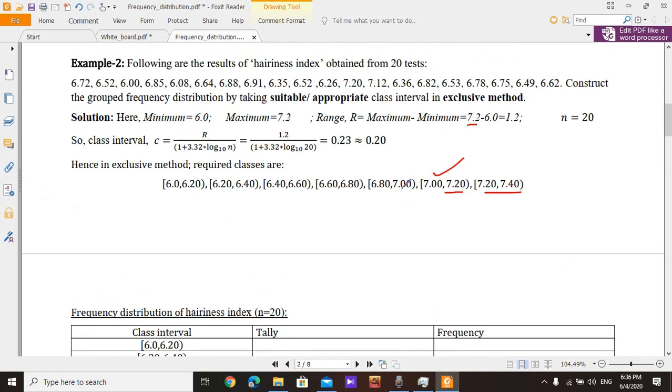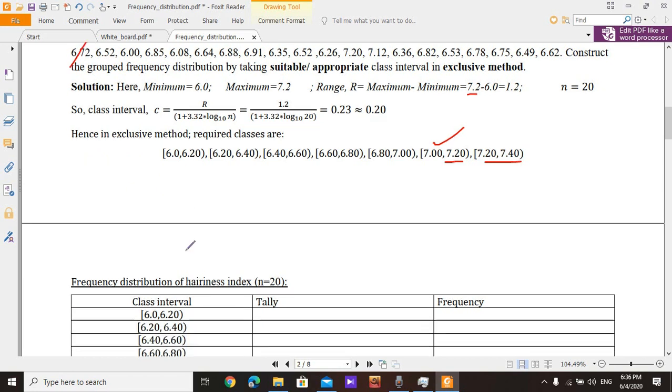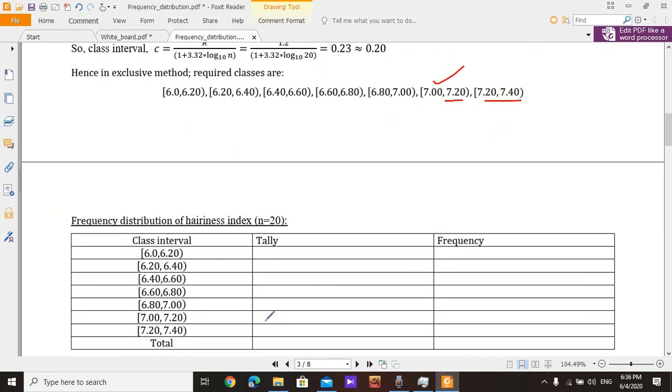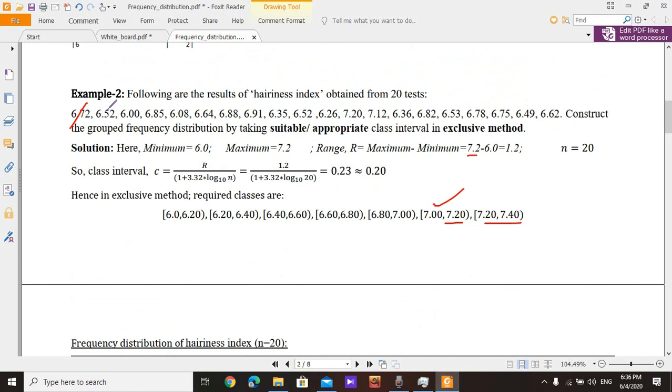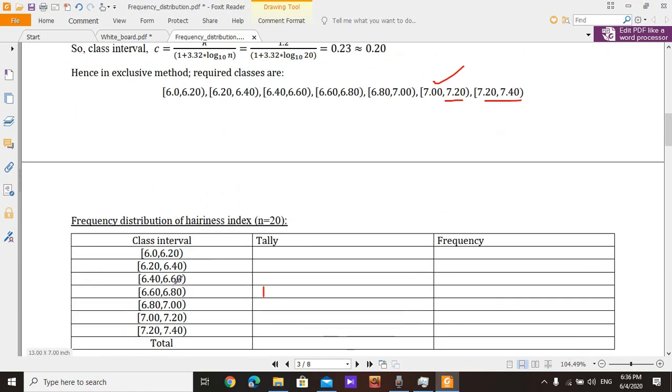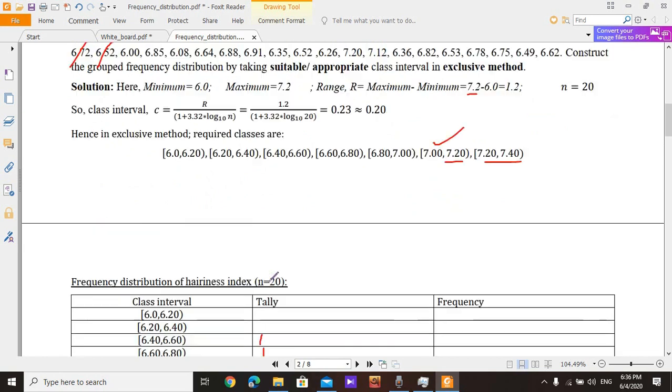To count, we proceed as follows. We select 6.72, which falls in this class, and we mark one tally mark. Then 6.52 falls in this class, so we assign another tally mark.